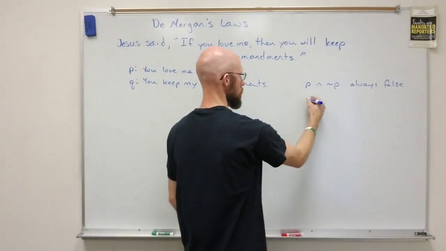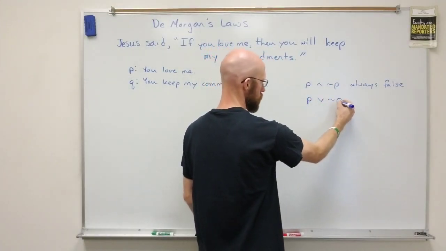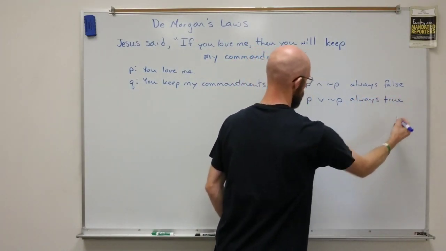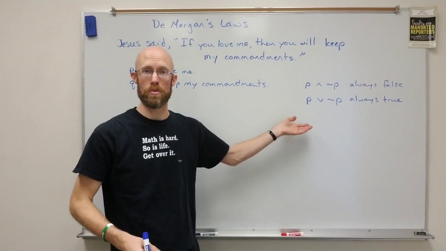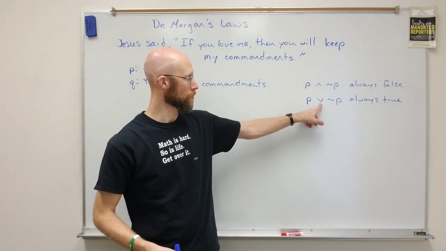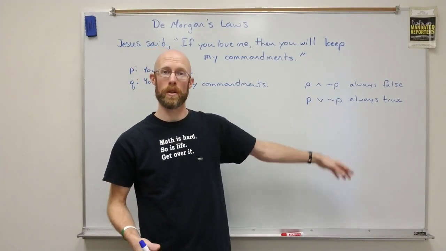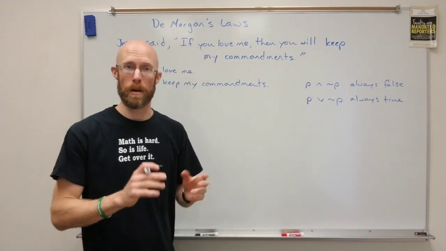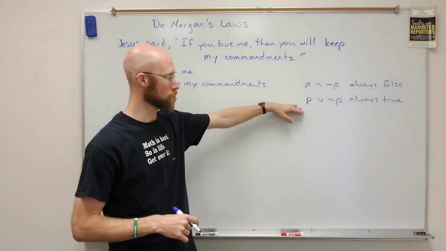We also know that any statement or its negation is always true. That's called a tautology. One of those has got to be true, and so the disjunction of those will always be true in every case, no matter whether P is true or false.